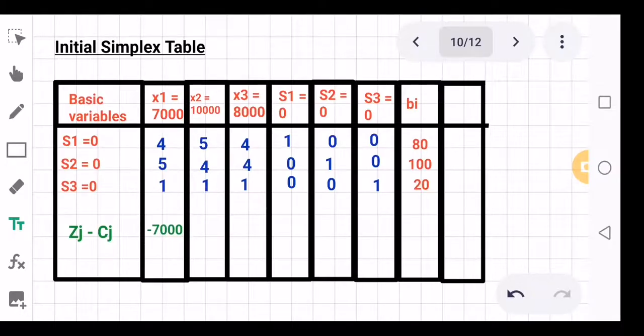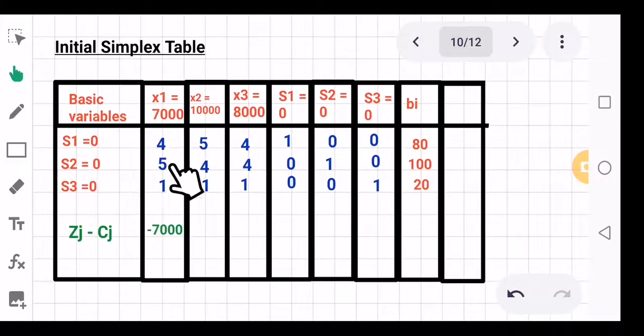How did I get this? See, first thing which you need to calculate is the summation of the zj's. You have to not just take one zj. You have to find the zj of this, zj of this, zj of this, and then you have to take a summation of this. Then you will get the total zj.